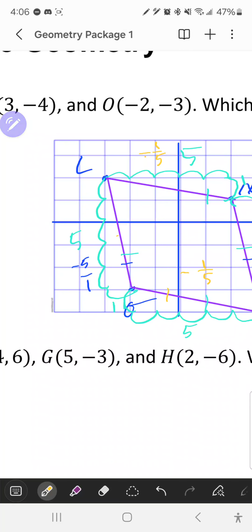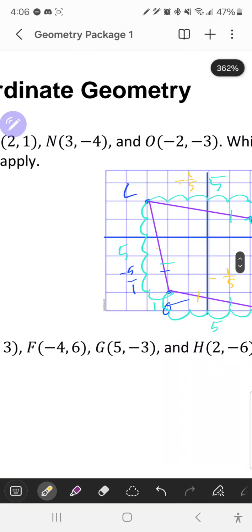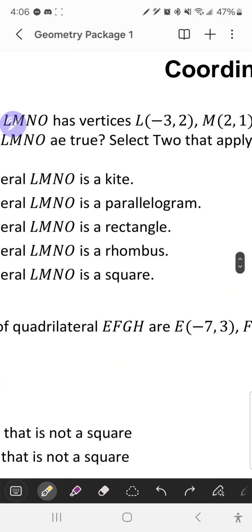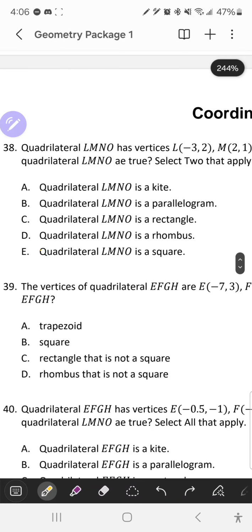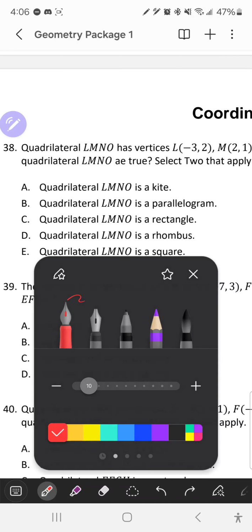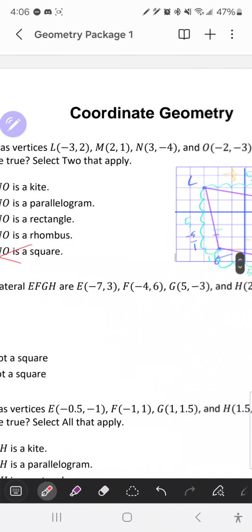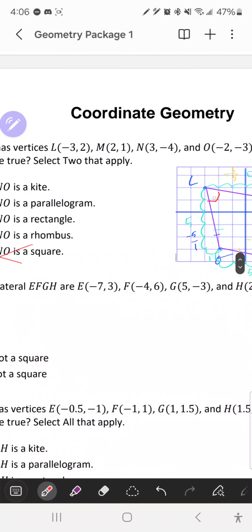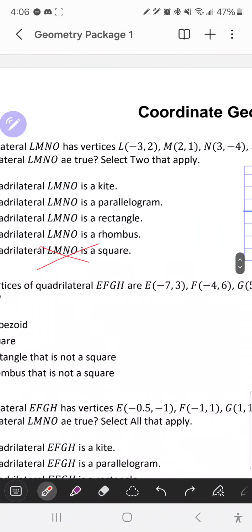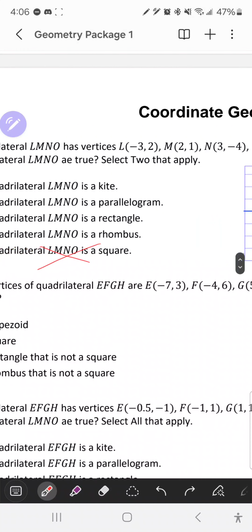So this is not a right angle because they are not perpendicular. So LMNO cannot be a square, since it doesn't have a 90 degree angle here.